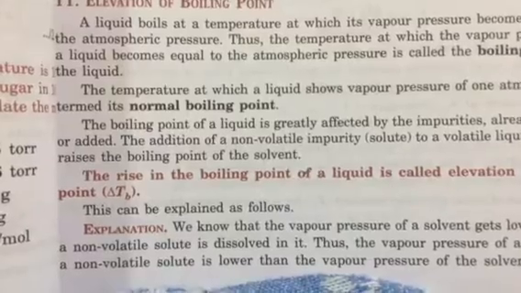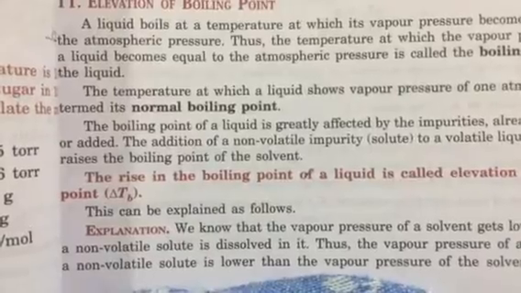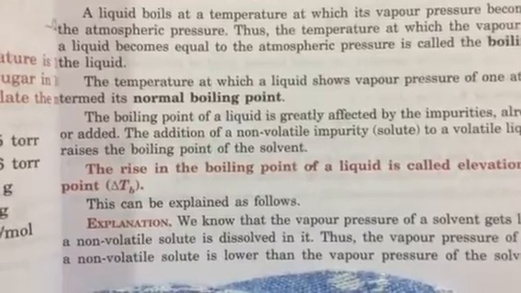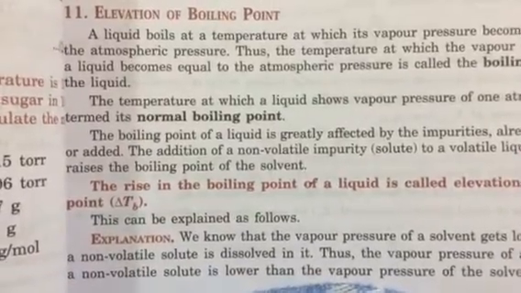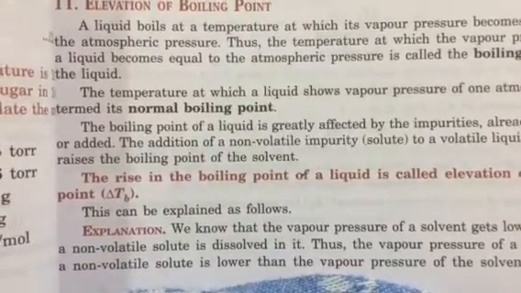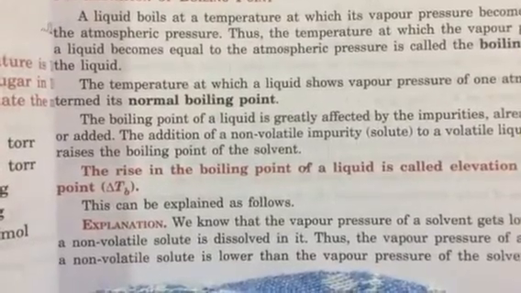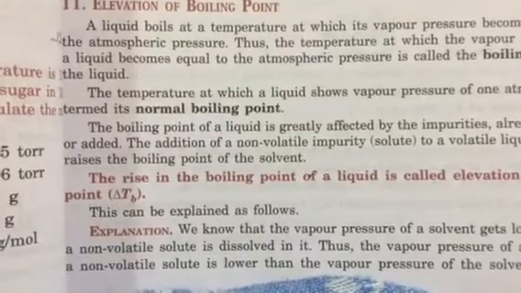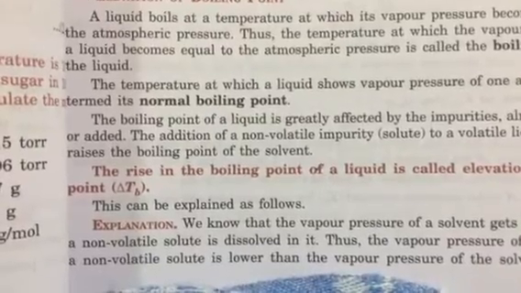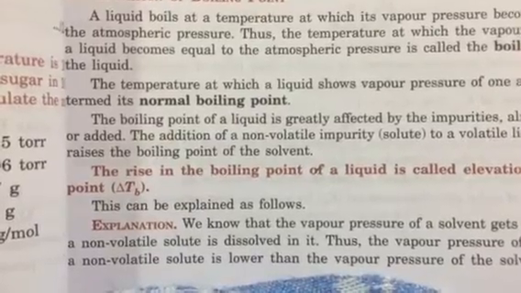This lowering of vapor pressure does not allow the vapors of the liquid to come in equilibrium with the atmospheric pressure. The definition of boiling point says that the boiling point is the temperature at which the vapor pressure of the solution is in equilibrium with the atmospheric pressure. Now, if the vapor pressure has been lowered, we would have to heat the liquid even more so that it generates more vapors.